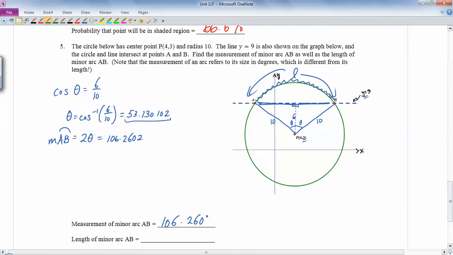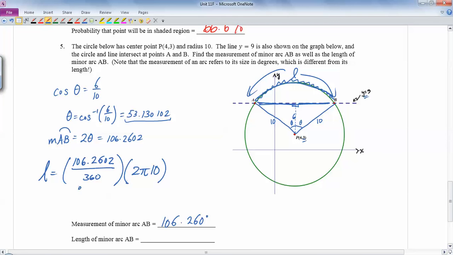So the arc, that L there, is a fraction of the circumference. What fraction of the circumference is it? Well, it takes up 106 degrees out of 360. So the arc length is going to be a fraction of the circumference. 2 pi r, 2 pi 10.